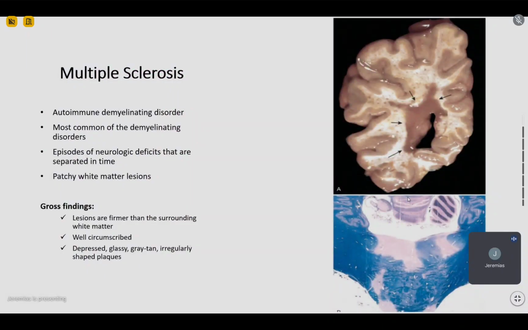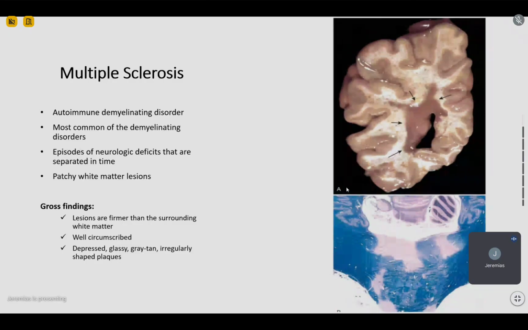Speaking of multiple sclerosis, this is an autoimmune demyelinating disorder wherein the autoimmune, by the way class, from the word autoimmune, what do you mean by autoimmune? Own body attacking. Very good.